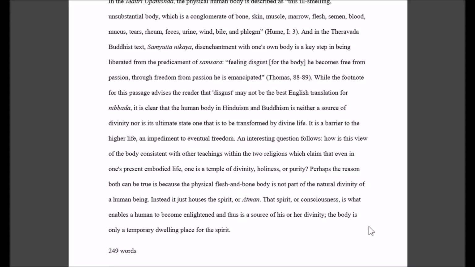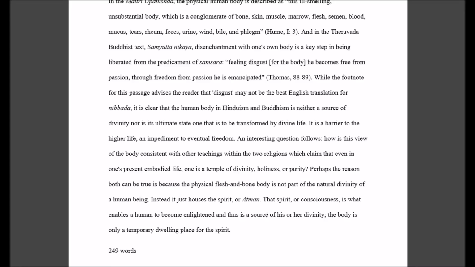So here again, she's showing the closeness of her reading, the care that she put into the reading by bringing in some of the technical terms that are relevant here to what she just said. That the human being ultimately is not the body. The human being is Atman. Okay, so the body is just this house.